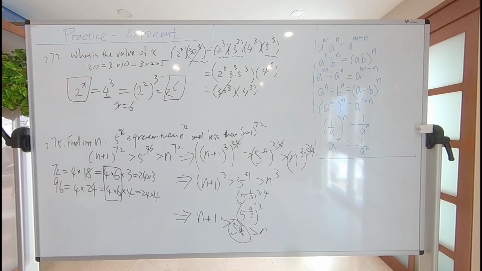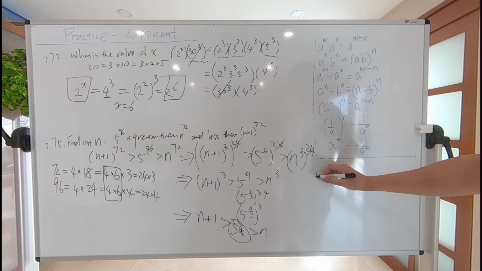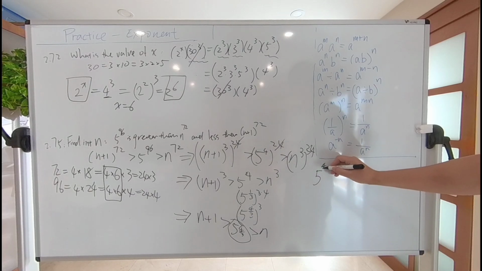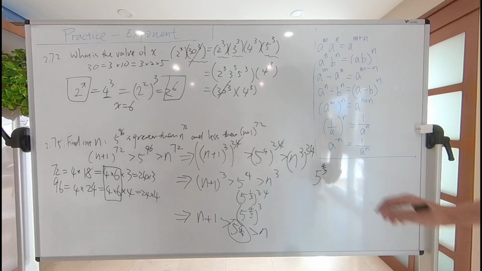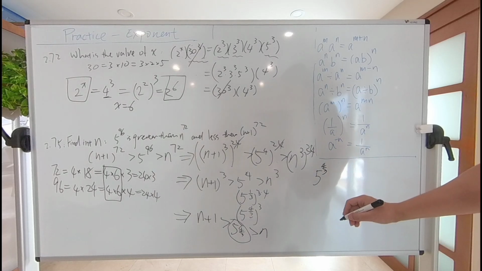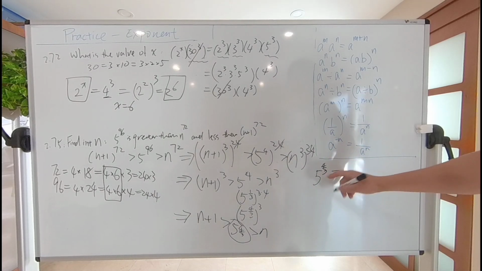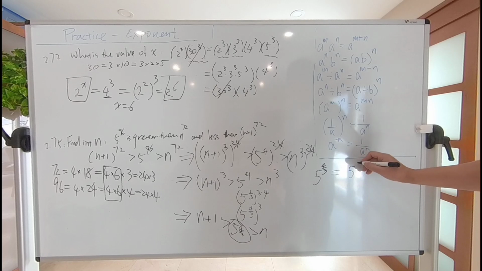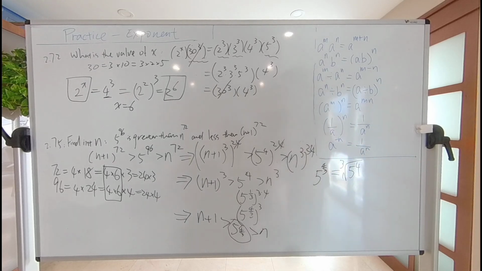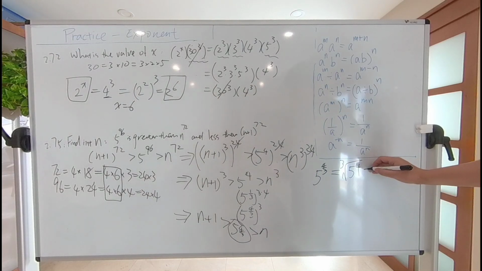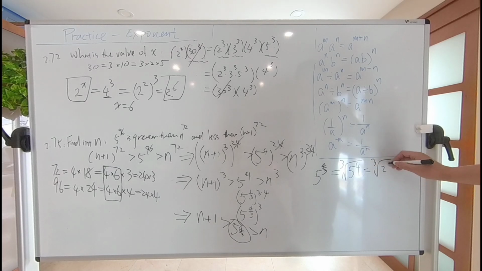So up to here, you have almost solved this question. Then you can either use a calculator, or you can try to actually calculate this by hand, because this can be written as 5 to the 4th power to the 3rd root, because it's a power of 1 over 3. So it's the cube root of 625.